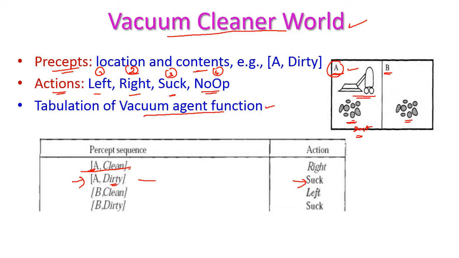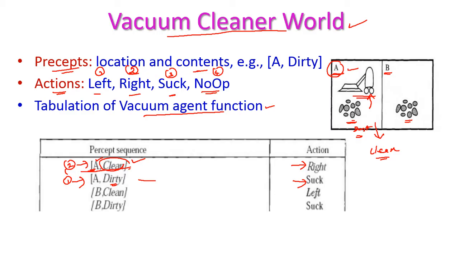The dirt should be sucked by this agent. After sucking, this location will be clean, there will be no dust. Once A is clean, next comes the second row. Now the agent is in location A and the environment is clean. Now what action does it have to do?